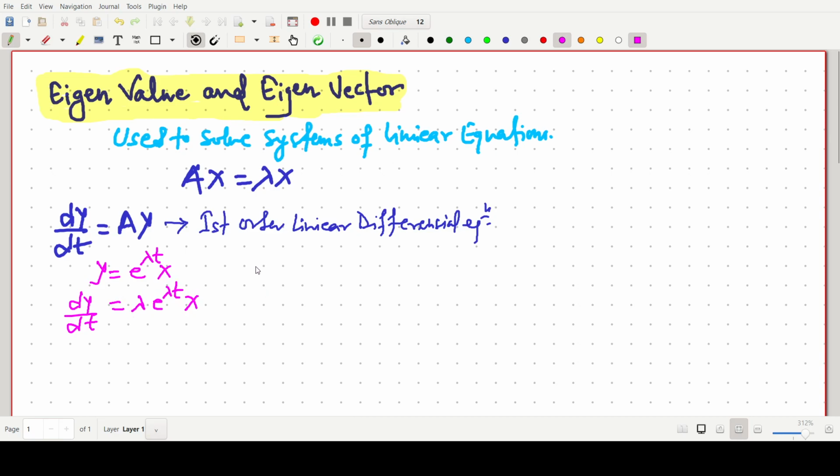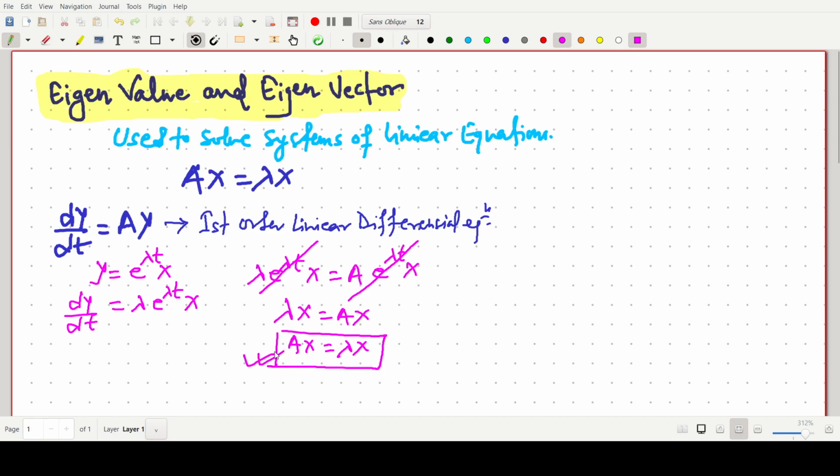So we can write lambda e to the power lambda t x equals A times y, which is nothing but simply e to the power lambda t into x. The e to the power lambda t cancels, so lambda x equals Ax. So this Ax equals lambda x is the origin of the eigenvalue and eigenvector.